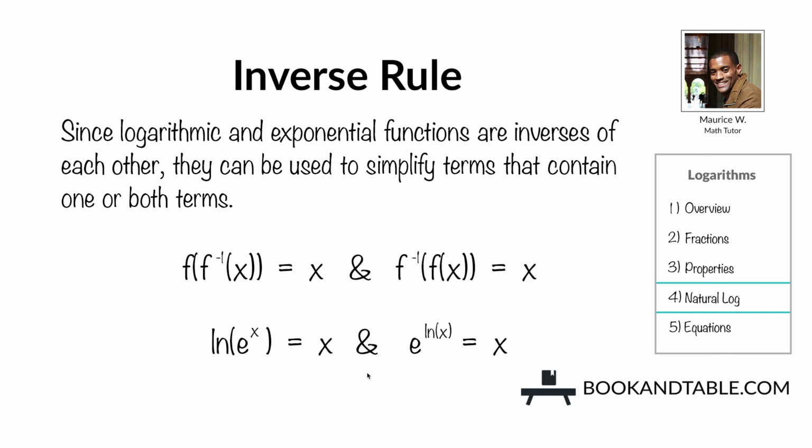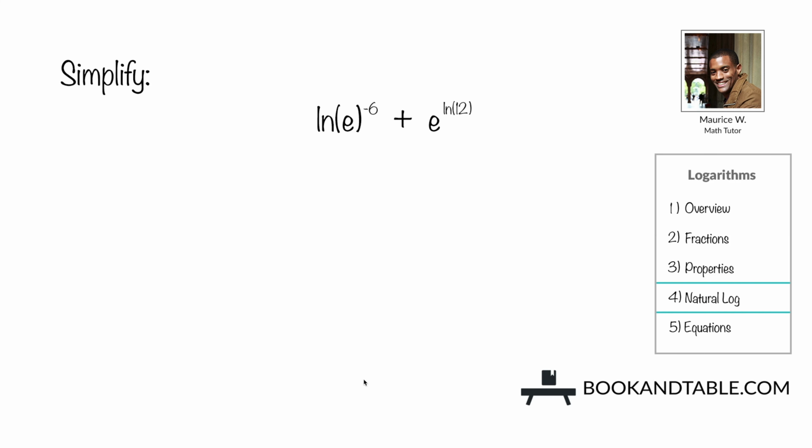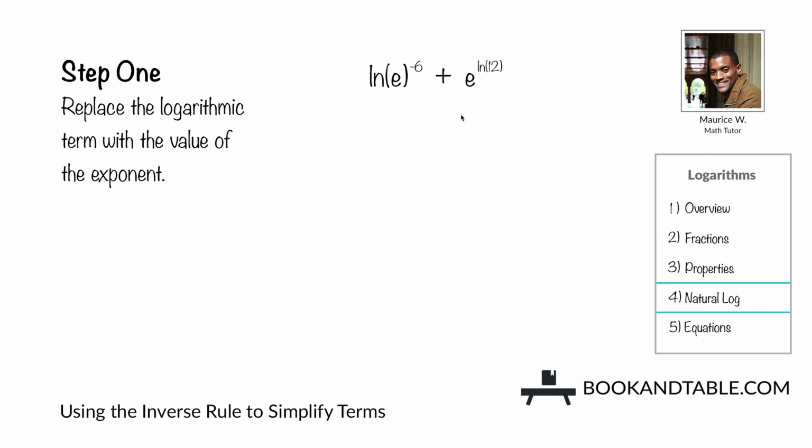So let's take this property and walk through an example together. Let's say you're asked to simplify the natural log of e to a power of -6 plus e to a power of a natural log of 12. Step 1, replace the logarithmic term here with the value of the exponent, which would be -6.